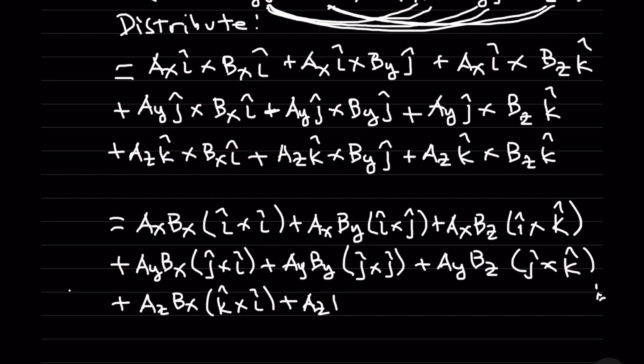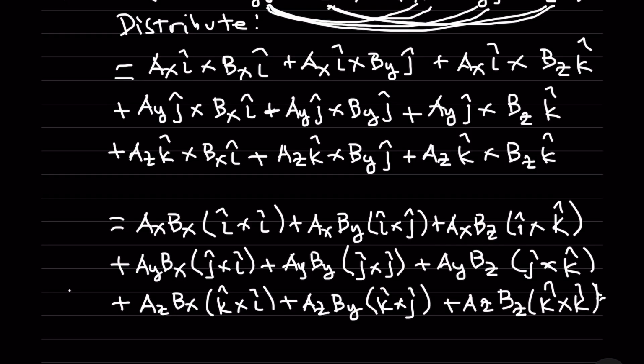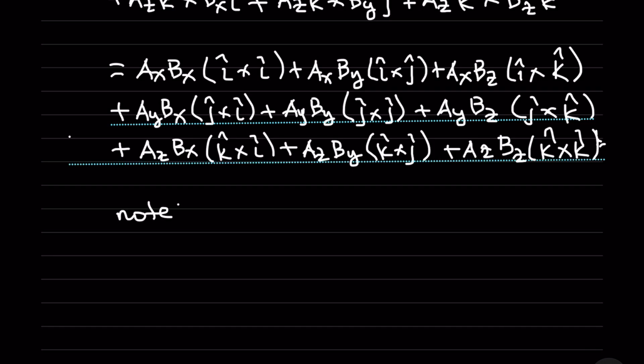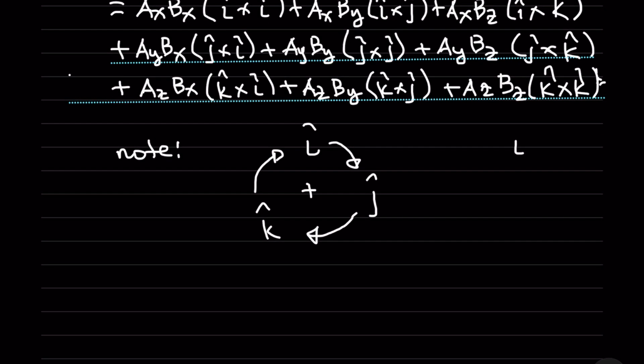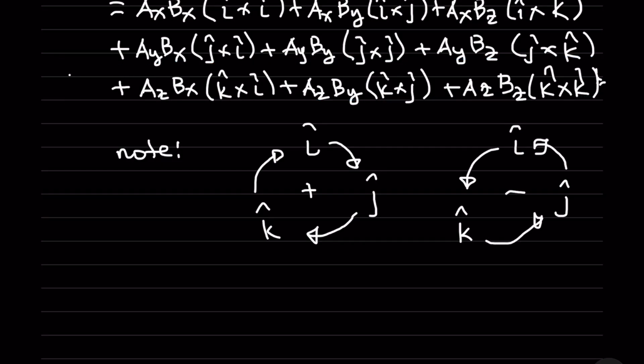And finally, the last term is a_z b_z k hat cross k hat. So we again take note of the mnemonic device that I have taught you earlier. So using this, you can simplify this equation further.